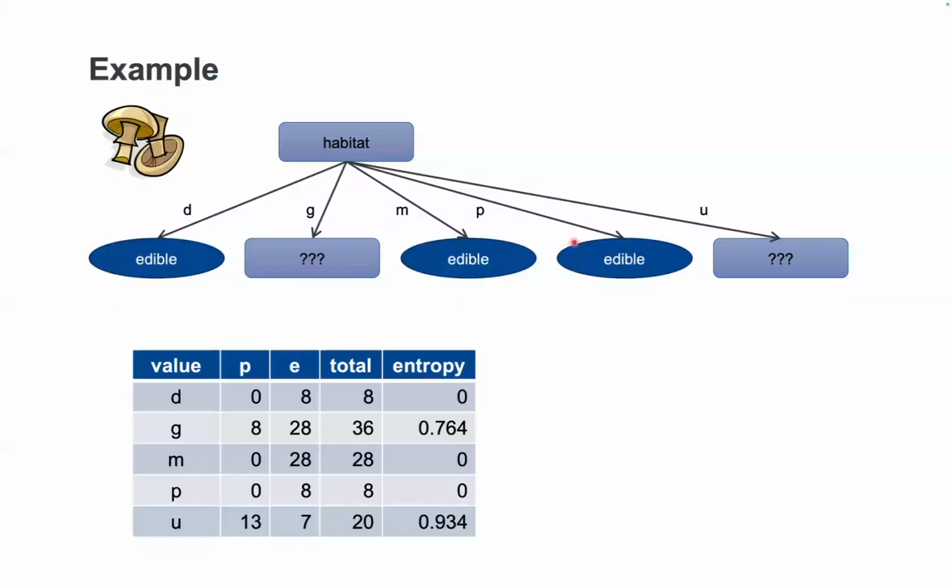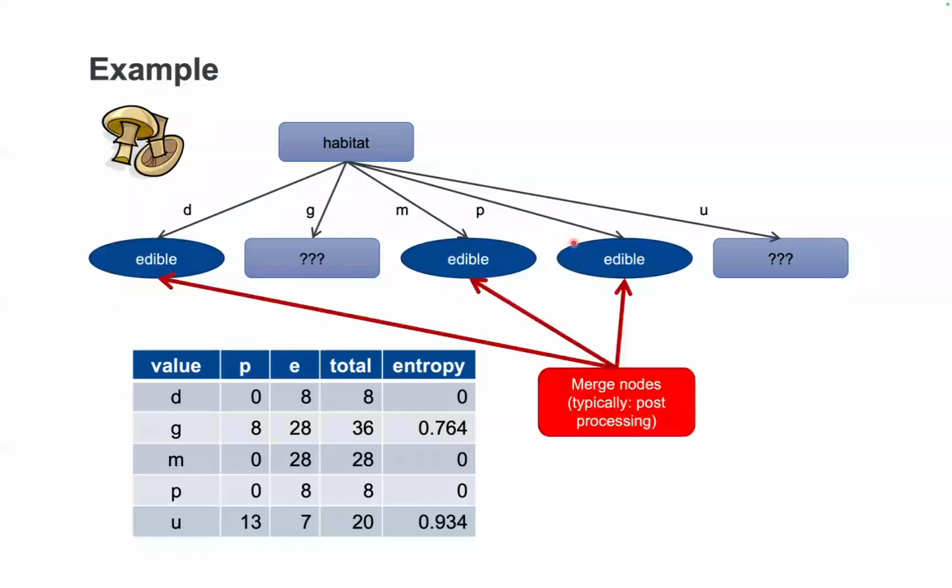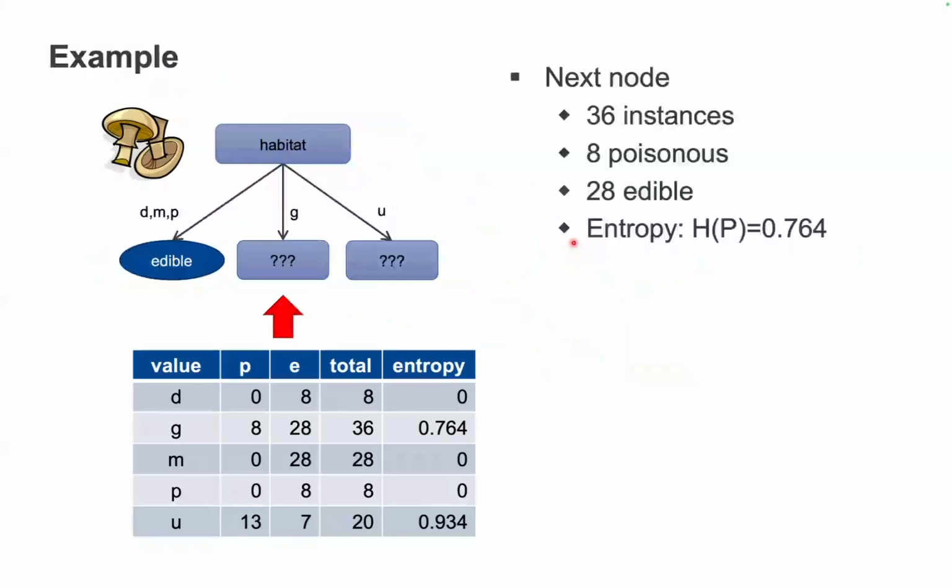And that, of course, means I can compress my tree and merge these nodes, which typically happens by a post-processing procedure. So I have habitat, and 3 values lead to edible, and 2 values lead to inner nodes on which I apply my grow tree procedure iteratively.